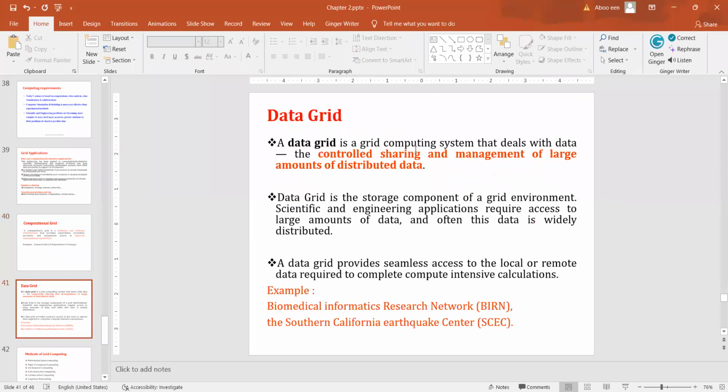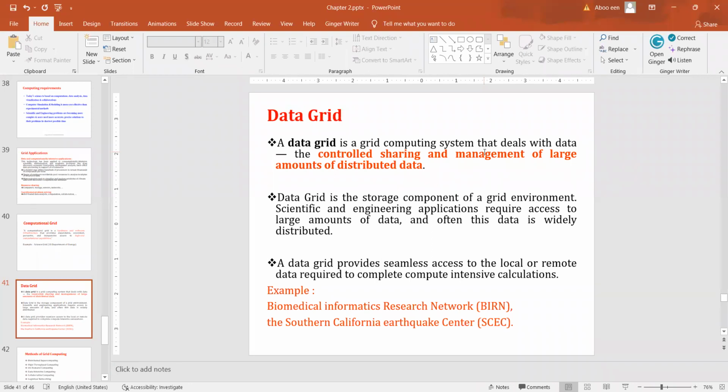Whereas the data grid is a grid computing system that deals with the control, sharing, and management of large amounts of distributed data.